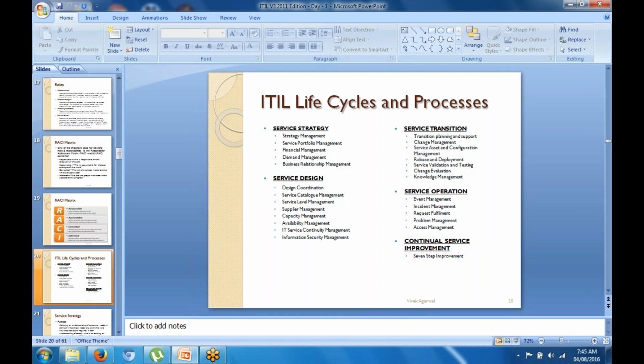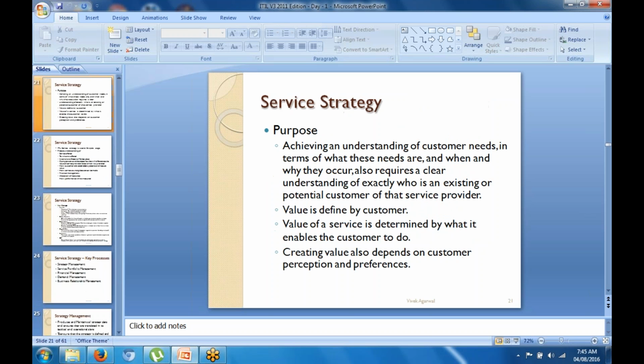Then the stage comes as CSI, continual service improvement. What is it? It is to improve the service which we are offering right now and check whether everything is going fine or not. Exactly. And we will see where there is scope to grow more, to give more value addition to the business, because it's a business.